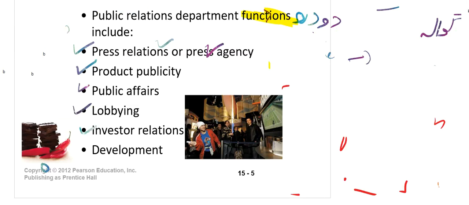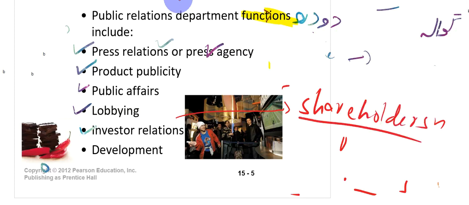The next point is investor relationships. Public relations are very important for the company, and public relations play a very important role in having a very good relationship with shareholders or investors.